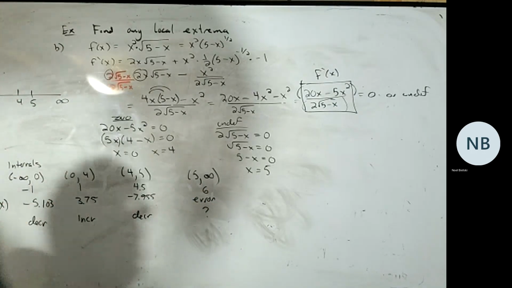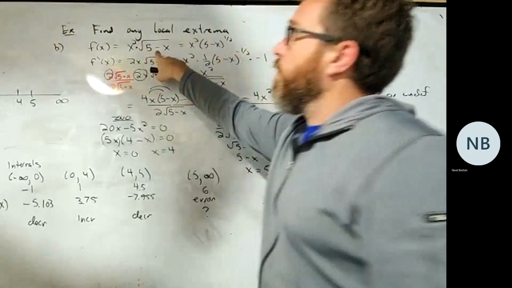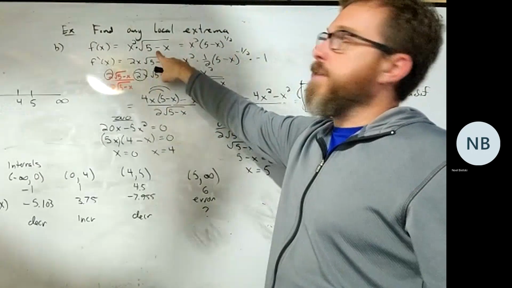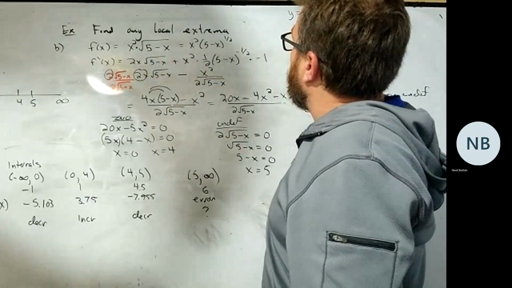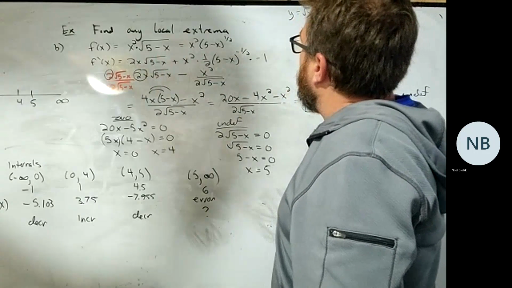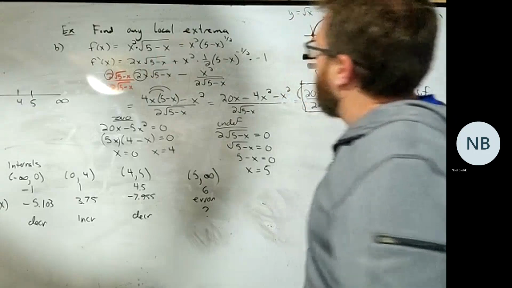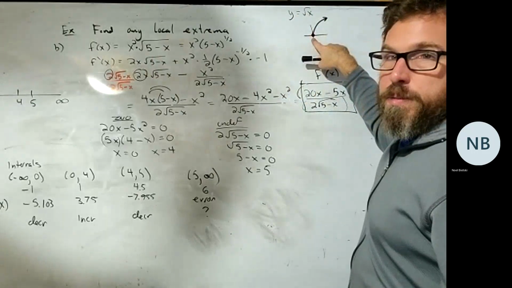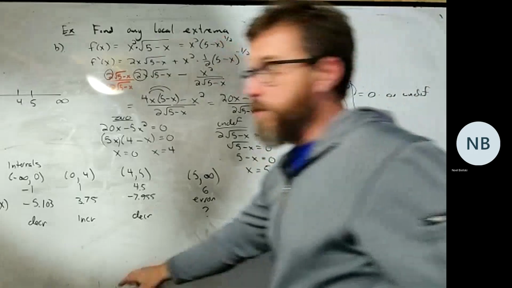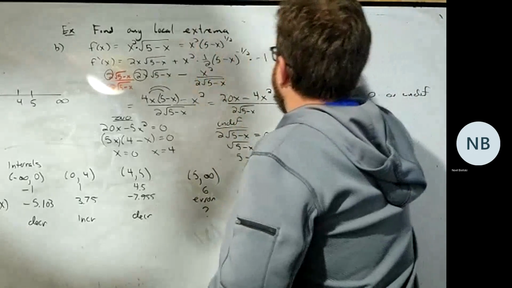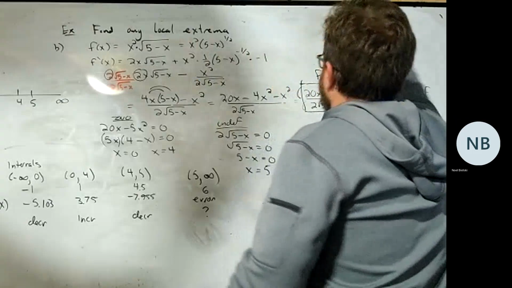Well, if we go back to the original function, we know that radicals have domain restrictions. So if I looked at something like y equals the square root of x, we know that function looks like this, and the domain would be 0 to infinity. So this has to have something similar to that. Let's look at its domain and see what that's all about.